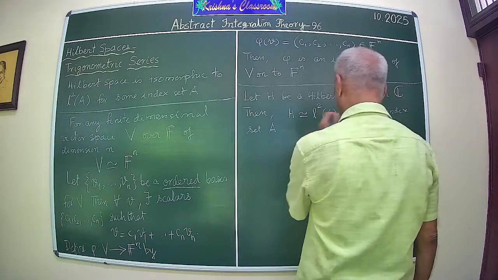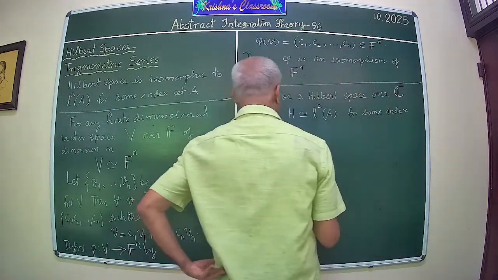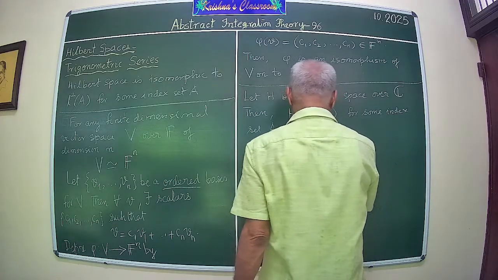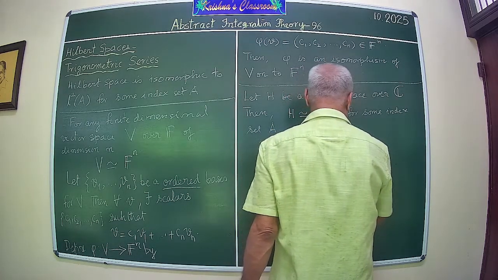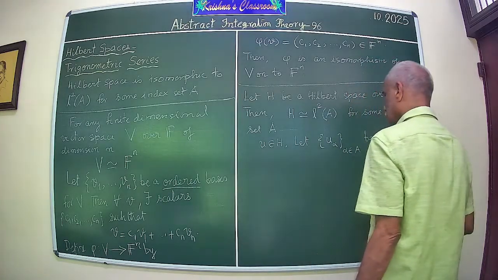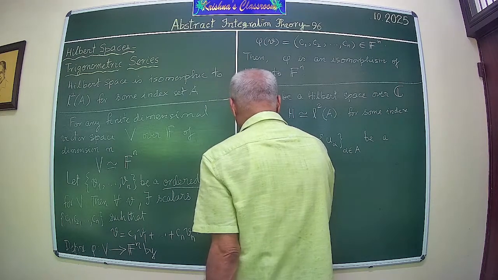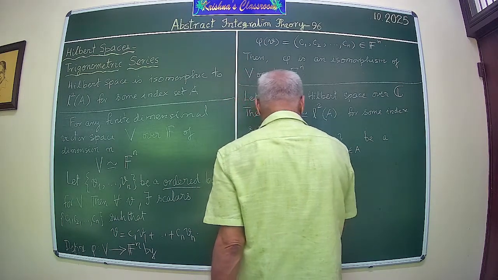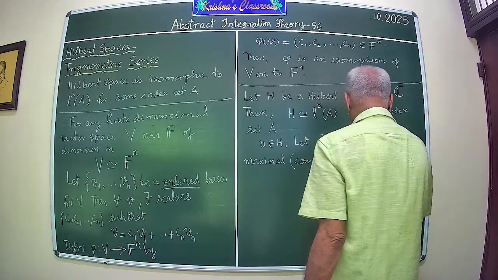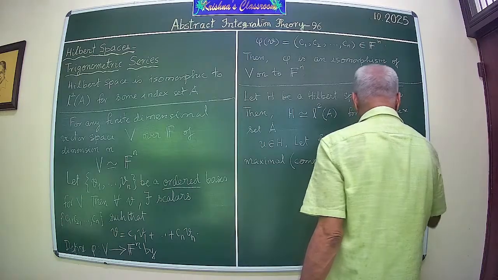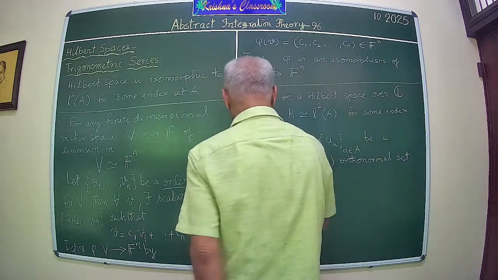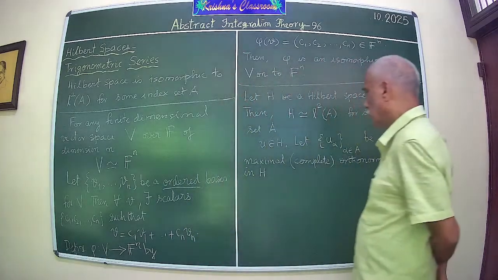See, what you have is the following. Let u_alpha, alpha belonging to the index set A, be a maximal or complete orthonormal set in H. Now this is the important part.